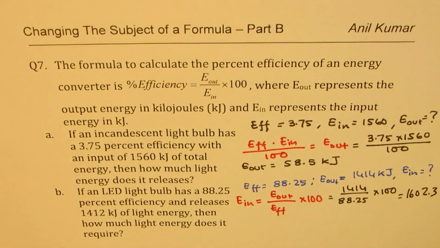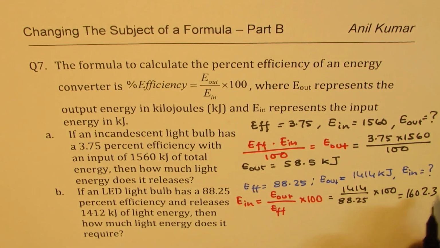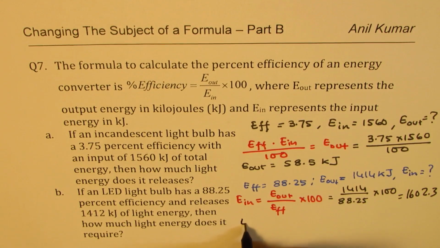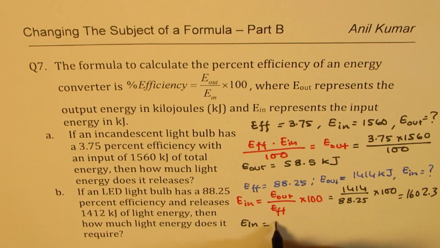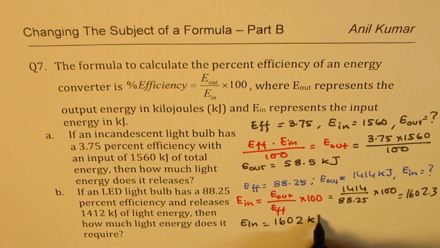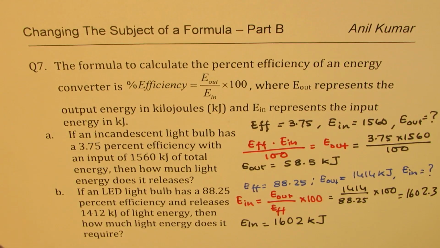So we get 1602 kilojoules. So our input this time for that much of output is 1602 kilojoules. Perfect. So that is how we are going to solve such a question.